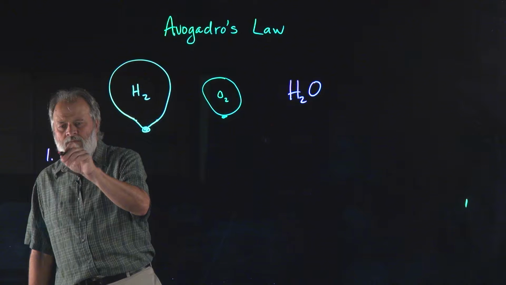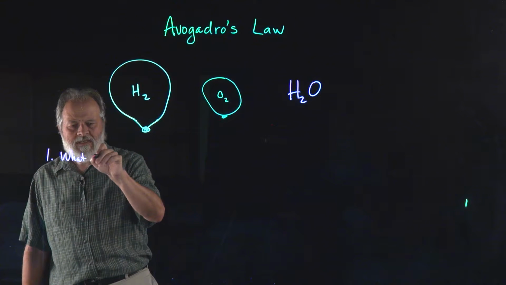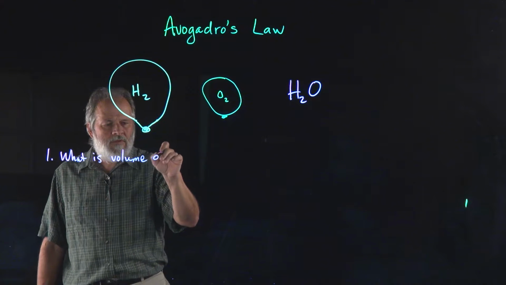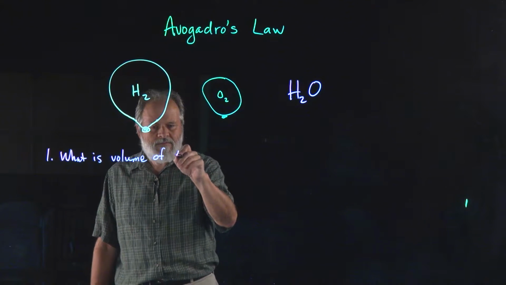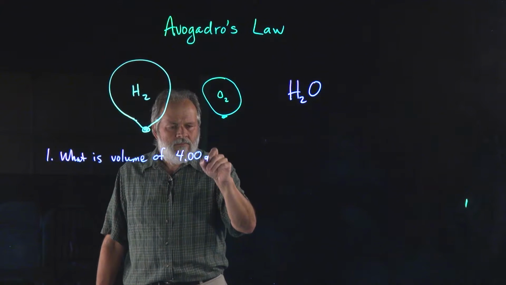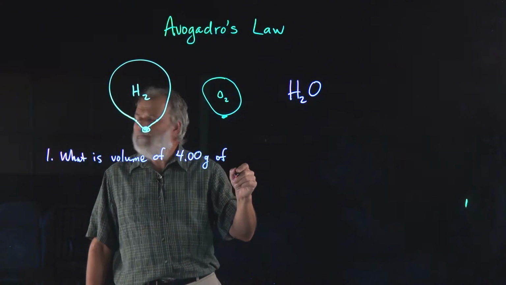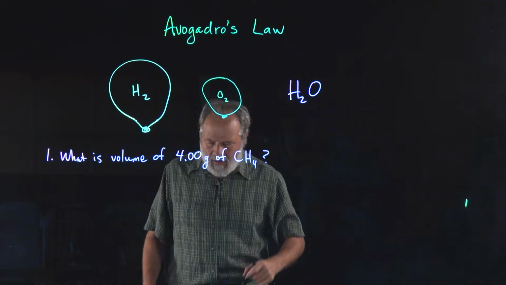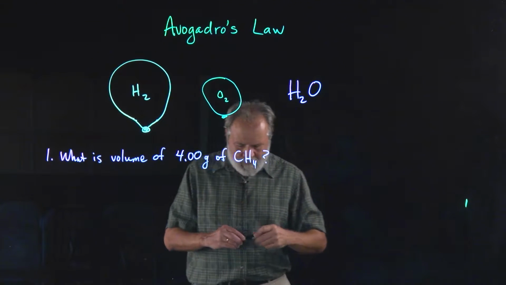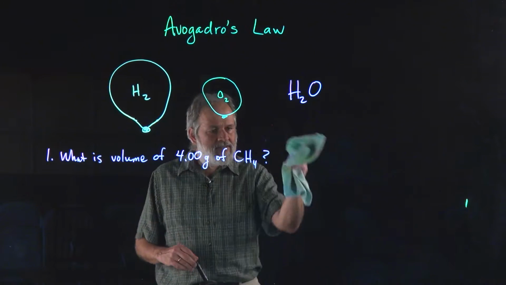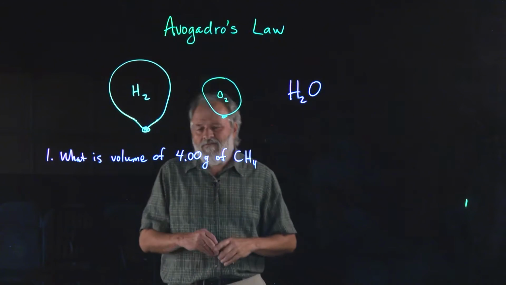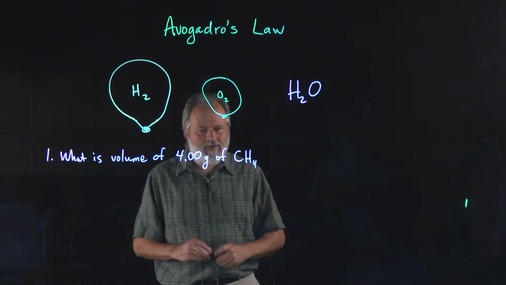First problem. What is the volume of 4 grams of methane? All right, now, actually I want to change this question a little bit, because the volume depends on things like temperature and pressure.